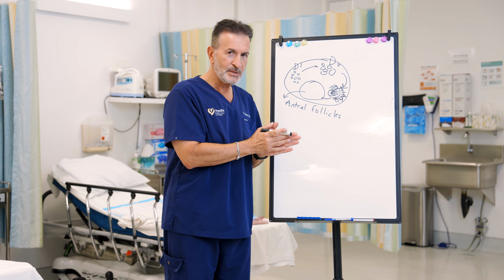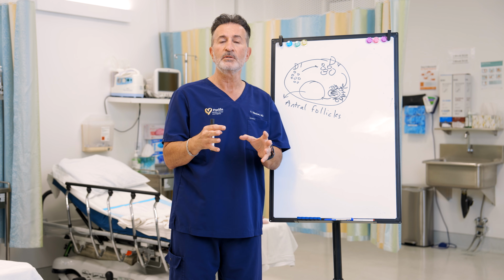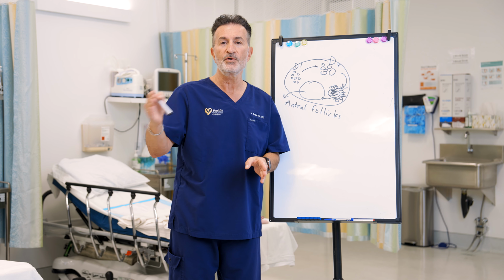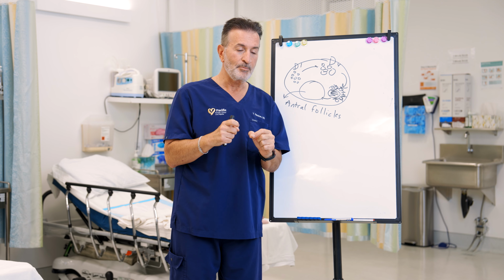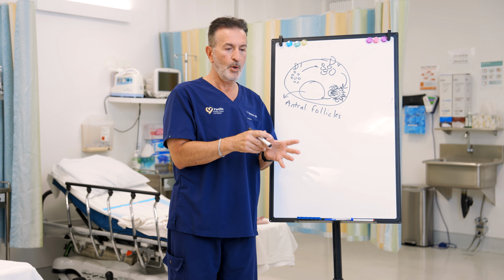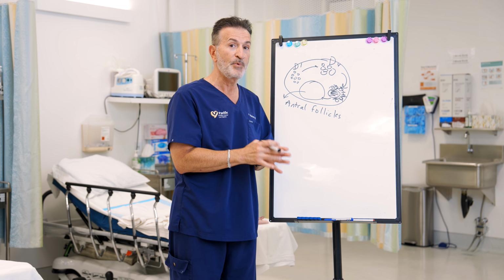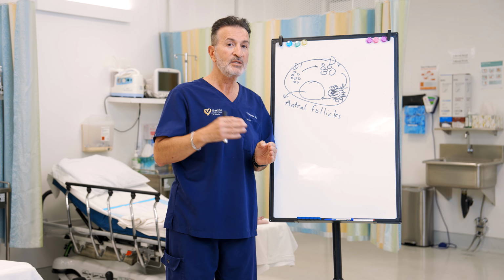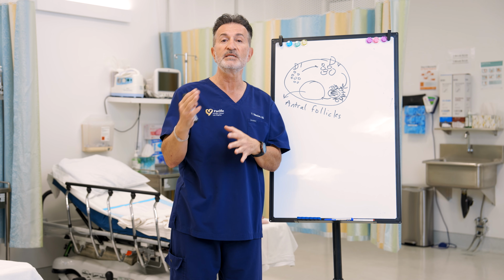So what happens in a woman's life cycle is that every month you're losing eggs until you reach menopause, when you run out of eggs. In addition to that, because you were born with a complement of eggs, all of your eggs have been there since before birth. With time, not only are you losing eggs and depleting your reserve, but the quality of the eggs is also deteriorating.